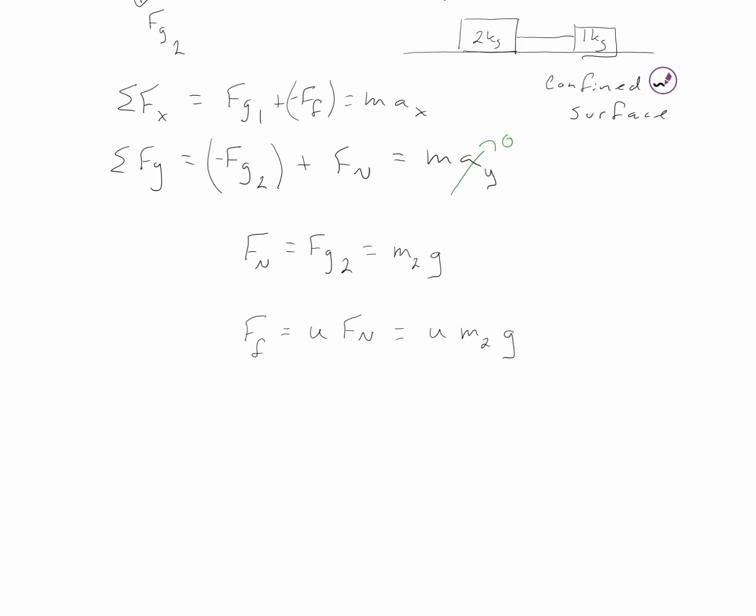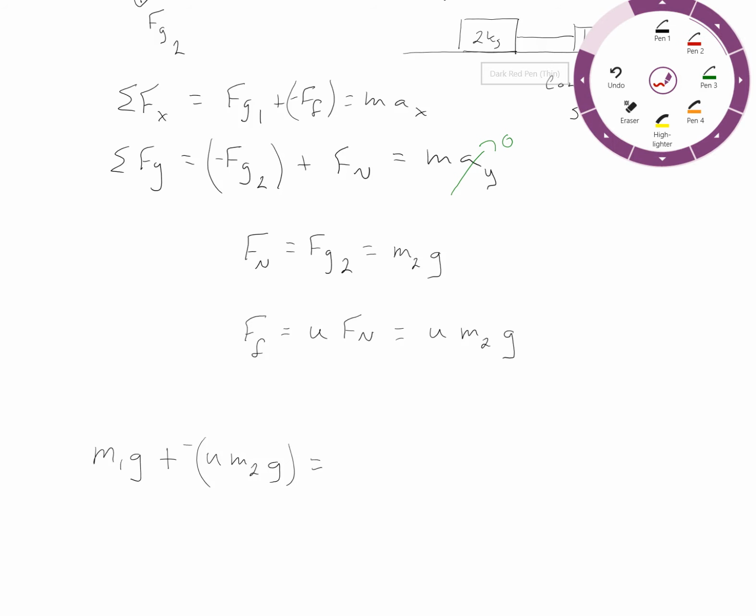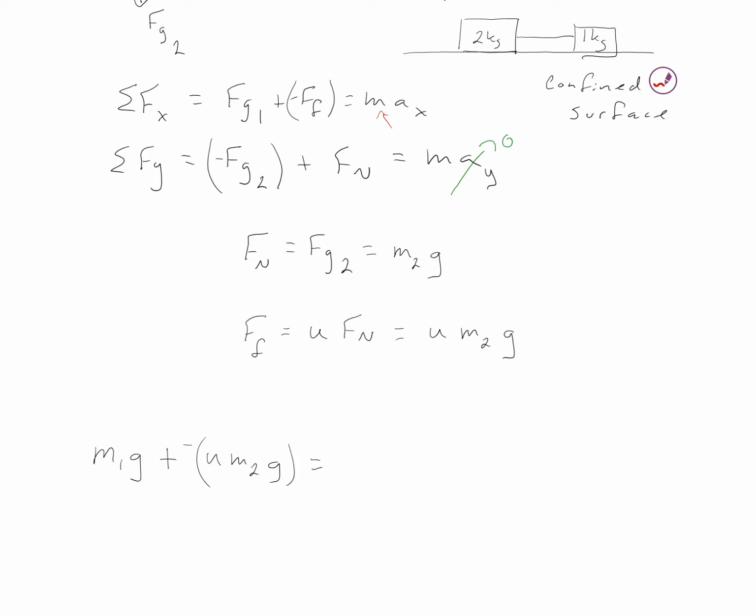I have force due to gravity 1, which is m1g, plus force of friction, which is this equation right here. So I have mu m2g, and that's the opposite of from my equation at the top there. And that's equal to m. Now notice this is the system mass.